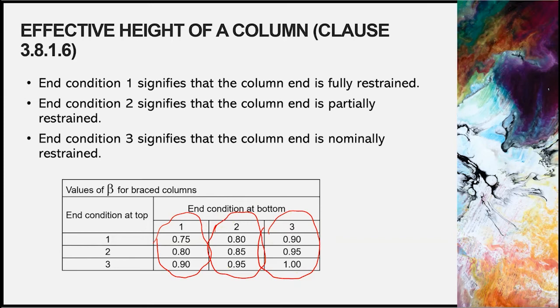Okay, jadi dia ada 3 jenis. But normally kita kat Malaysia, because we are using concrete design, maksudnya design yang very fixed, jadi kita normally akan pakai number the first one lah, column is fully restrained.